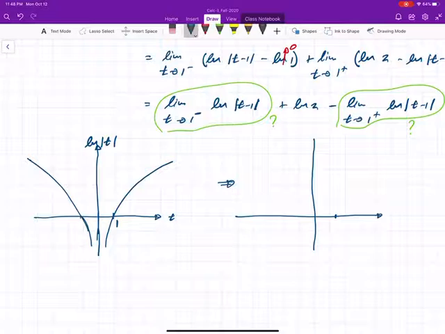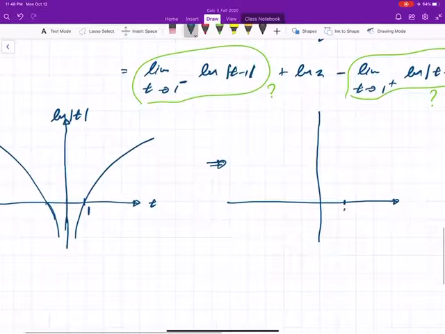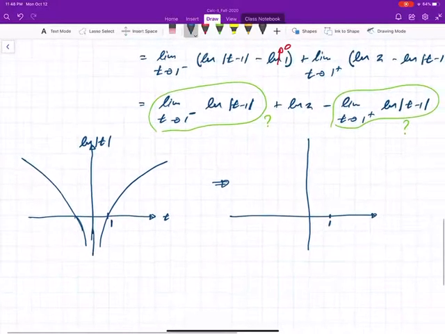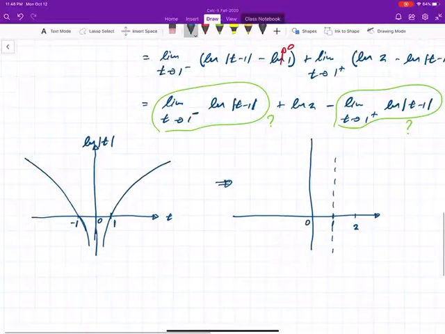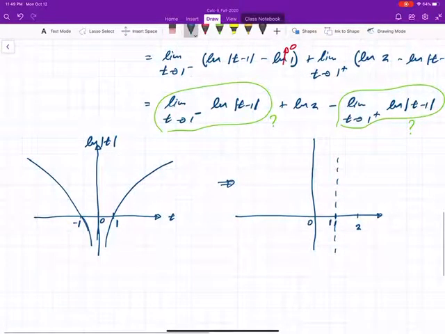You know, this is 1, and this should be minus 1, and this should be 0, and this is 0, this is 2. Then there should be an asymptote at 1. Let me put 1 here.